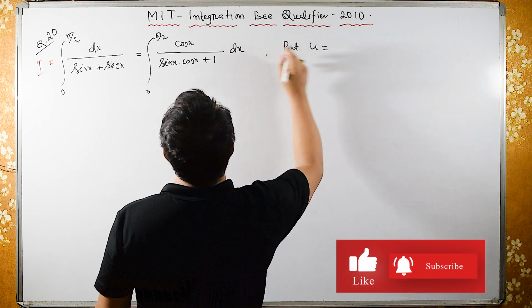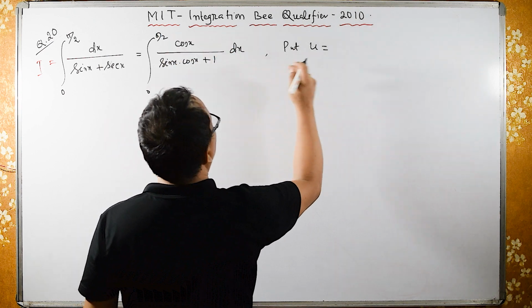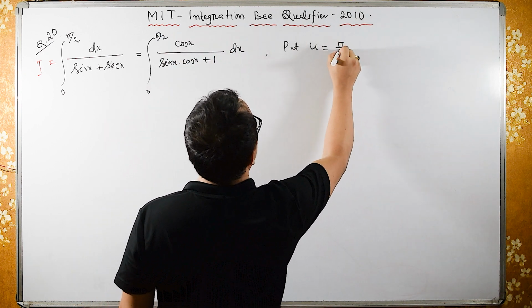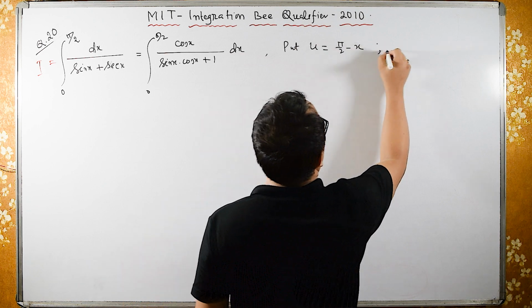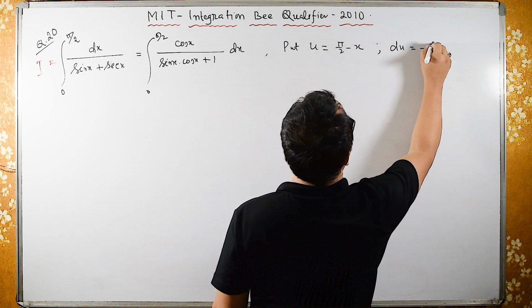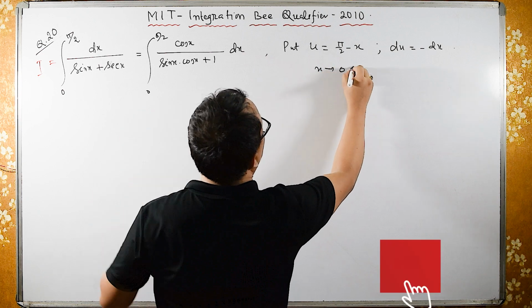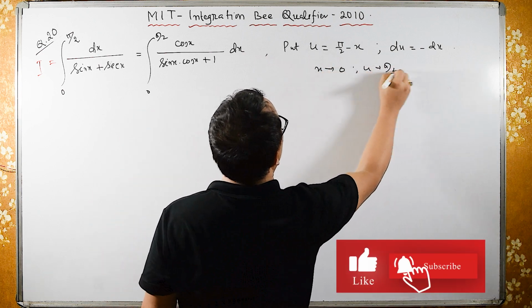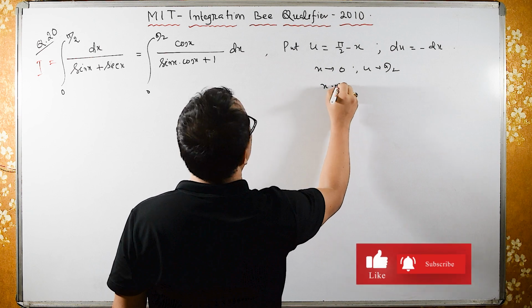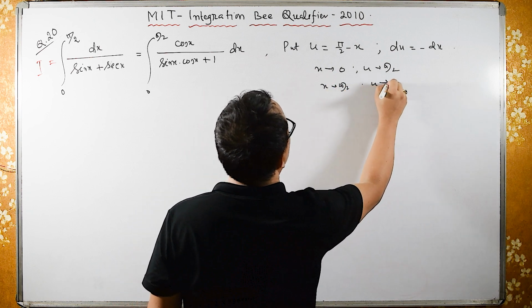Let's substitute u equals 0 plus pi by 2 minus x, or you can say pi by 2 minus x. Then my du is minus dx. When x tends to 0, u tends to pi by 2, and when x tends to pi by 2, u tends to 0.